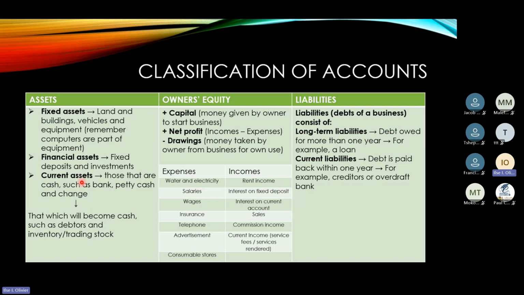And then your current assets are those of the cash, such as bank, petty cash and your cash float, as well as what is going to be changed into cash, like your trading stock and your debtors. Owner's equity is always capital plus your net profit minus your drawings, where your incomes increase your capital and your expenses decrease your capital or your owner's equity. And then your liabilities refer to your debt of the business that can be owed for longer than a year or be paid back within a year.